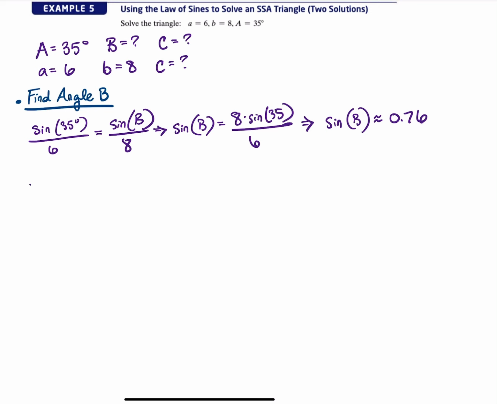So let's take the inverse sine of 0.76 and you should get 49.9 degrees. So that's one possible solution for this angle. I'll call it B sub 1. B sub 1 is 49.9.